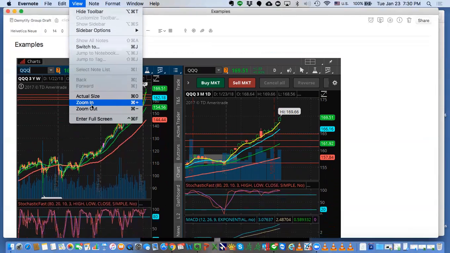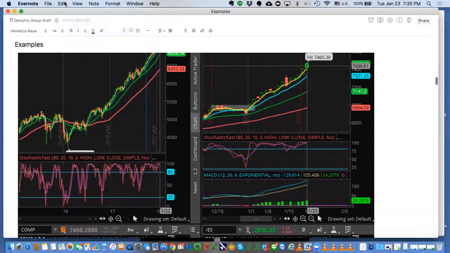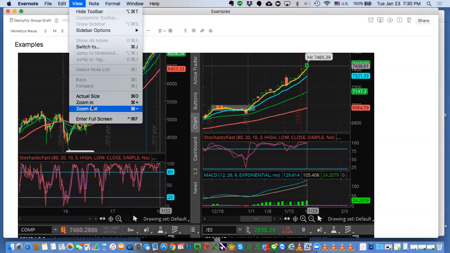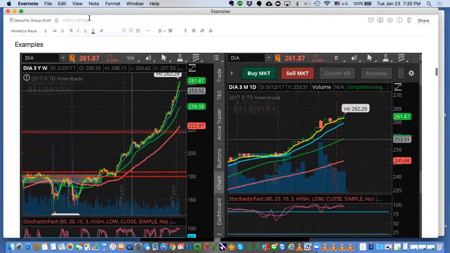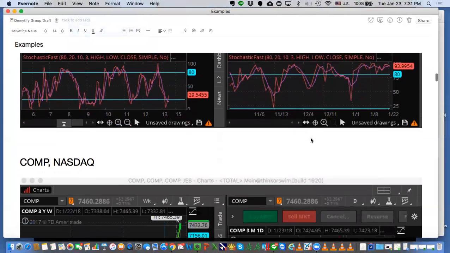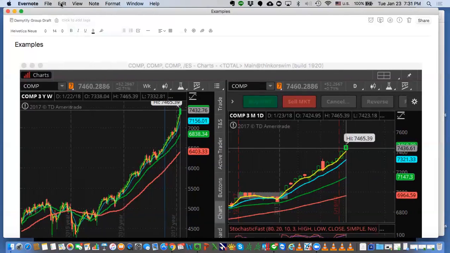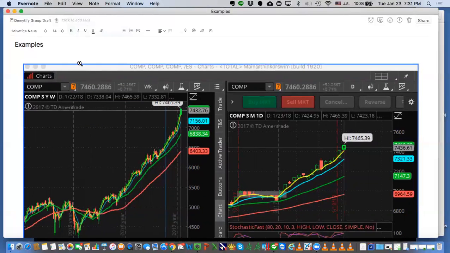There we go, there is a zoom in. Let's see how much it can zoom in. Okay, this is the top. Cannot do any more now.